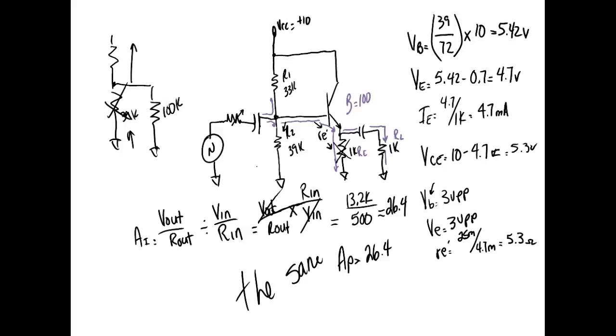RE prime is set by IE. There's no IE because there's no VE, right? Or something. We're going to measure something there. I think it's probably going to go down. This is me anticipating it going down because there is a path through there, but it's going to be an extremely high resistance path. So let's see what happens.